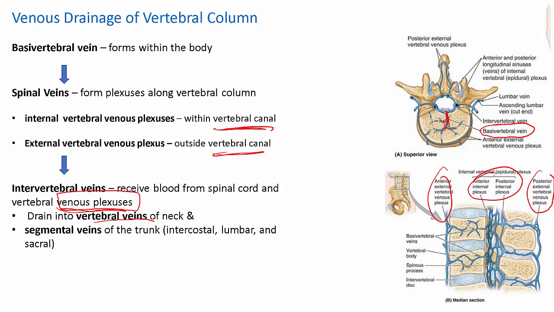And the segmental veins pretty much follow the segmental arteries. Vertebral veins in the neck, intercostal veins in the thoracic area, lumbar veins in the lumbar area, and so on. So we'll get to those. But the vertebral veins, those are the same ones that go with the vertebral arteries.